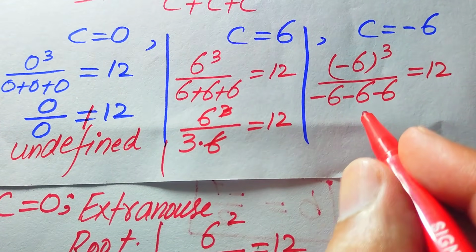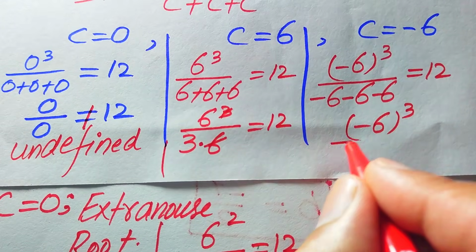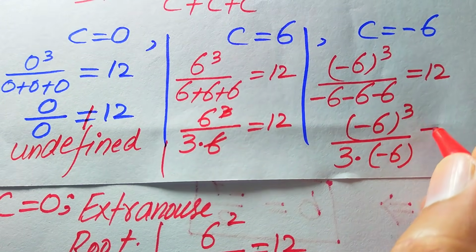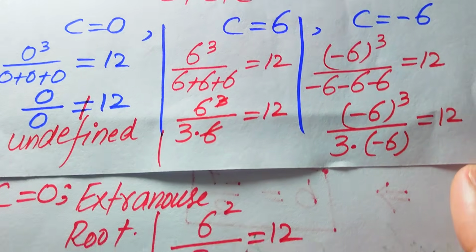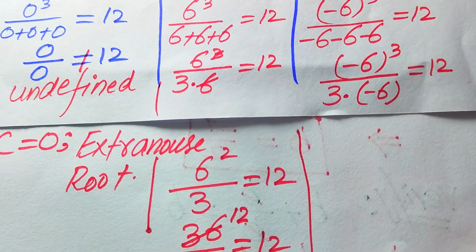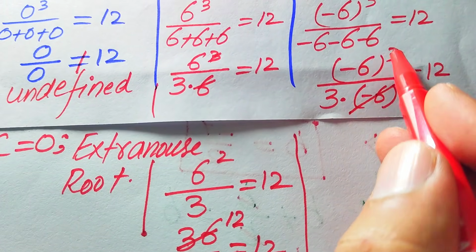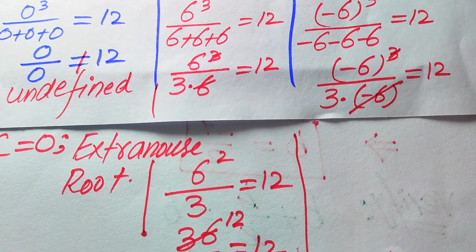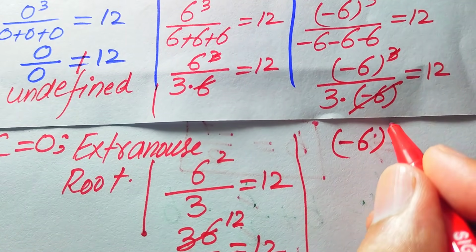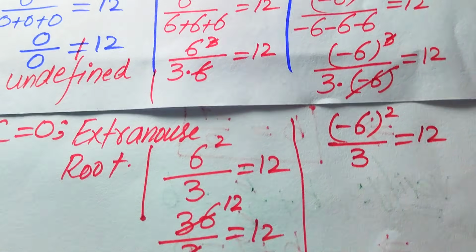Here you see that minus 6 is added 3 times, so we write it as 3 times minus 6, and this equals 12. Here we need more simplification, and we check whether this equals 12 or not. This minus 6 and this cancel out each other, and we get the remaining values: minus 6 square divided by 3 equals 12.